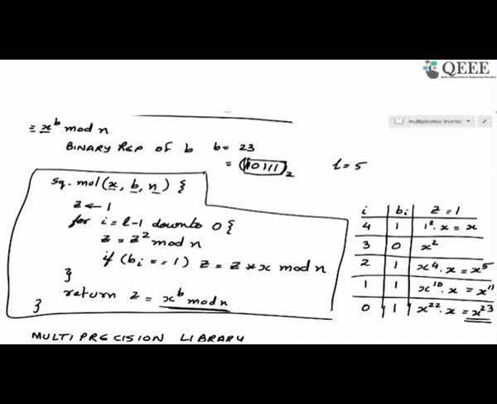Just to give you an intuition, it would take a very powerful supercomputer roughly 3 to 6 months to break RSA of 760 bits. So if you go for 1024 bits, it will take much longer.